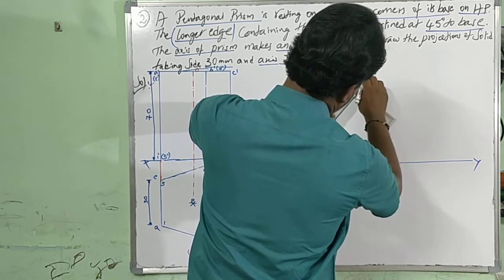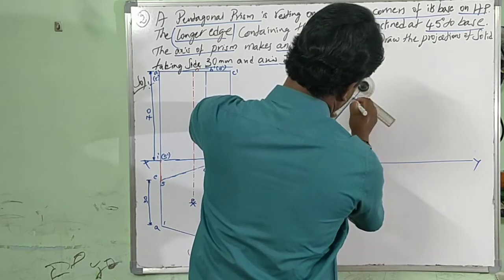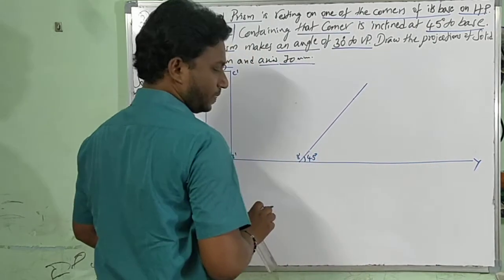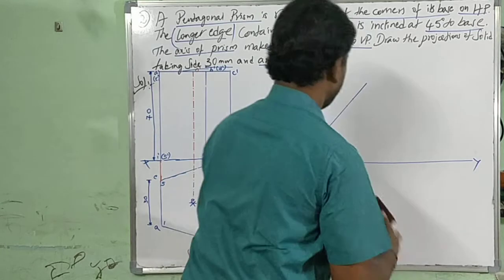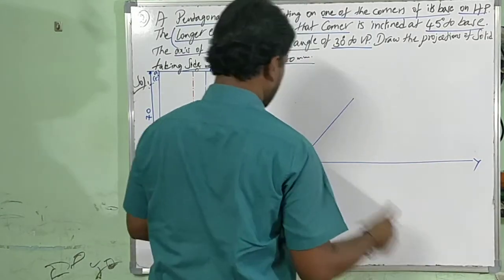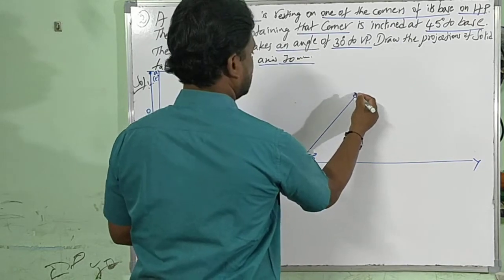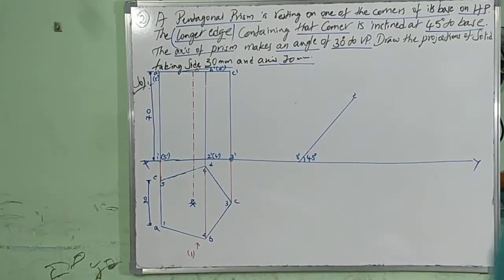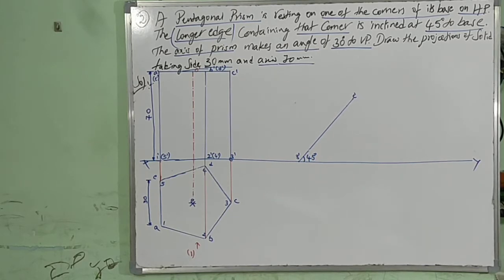All I am doing is simple rough work. It's 3 dash C dash. This has to be at an angle of 45 degrees: the longer edge at an angle of 45 degrees.